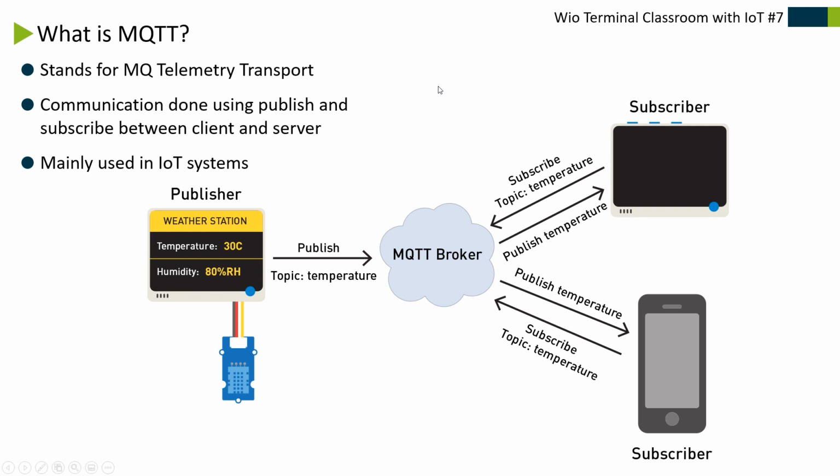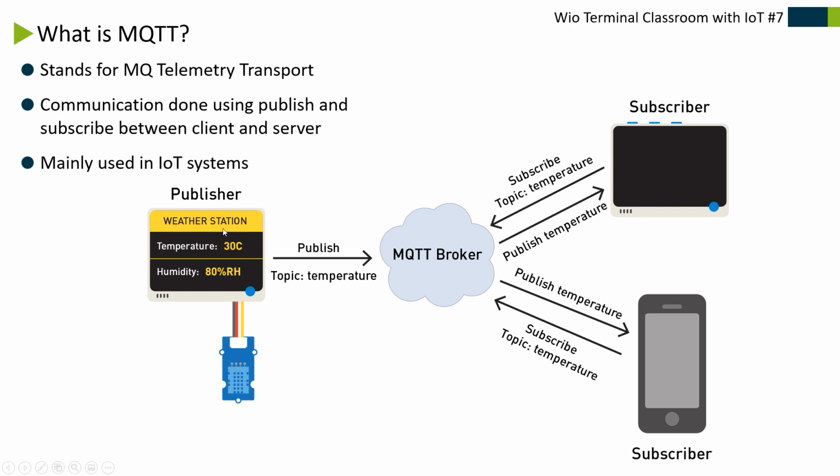So MQTT stands for MQ Telemetry Transport, and the communication is done using publish and subscribe between client and server. So the MQTT protocol is mainly used in IoT systems. At the heart of MQTT, there is an MQTT broker, and first a device is connected to the MQTT broker.